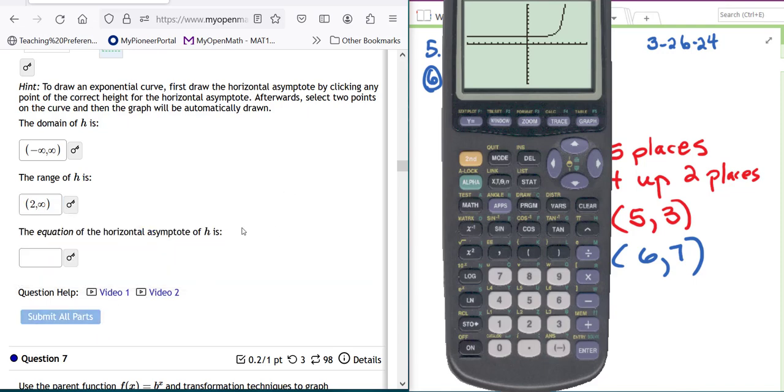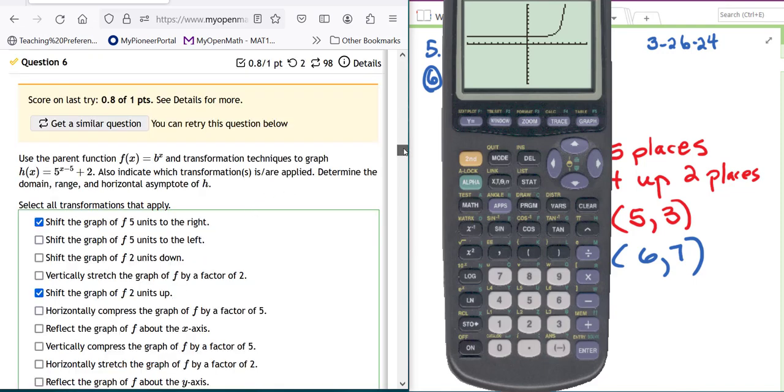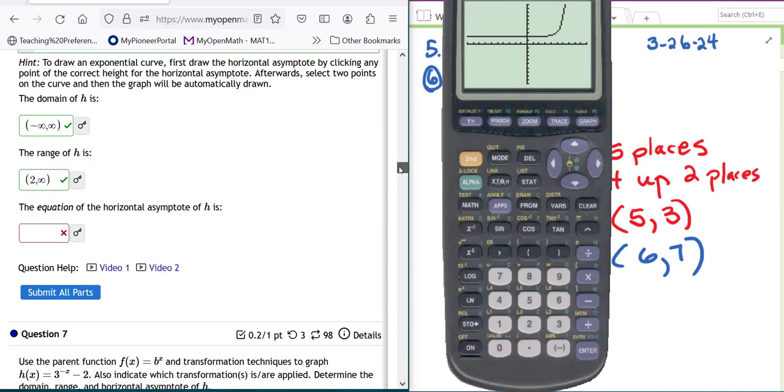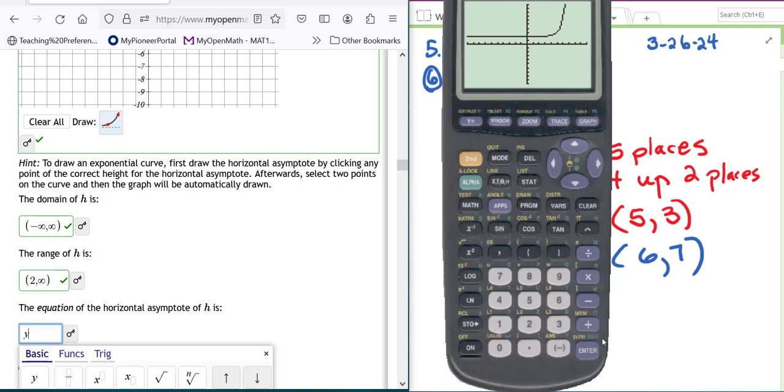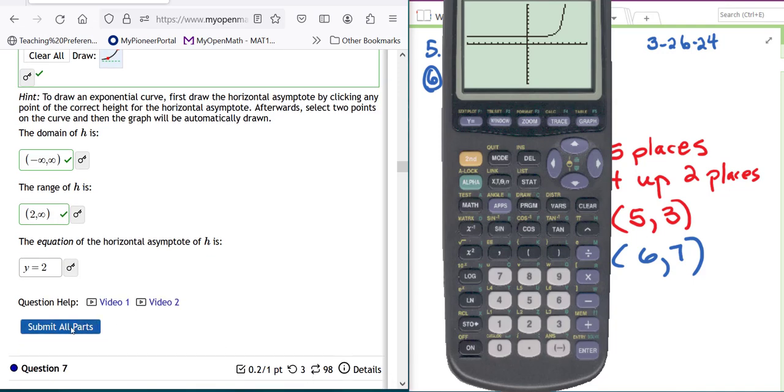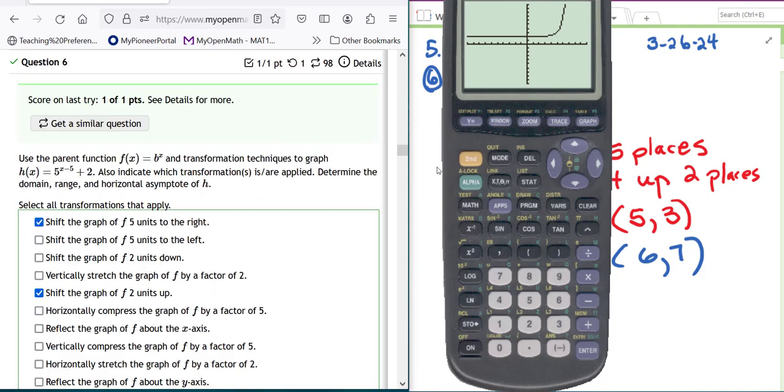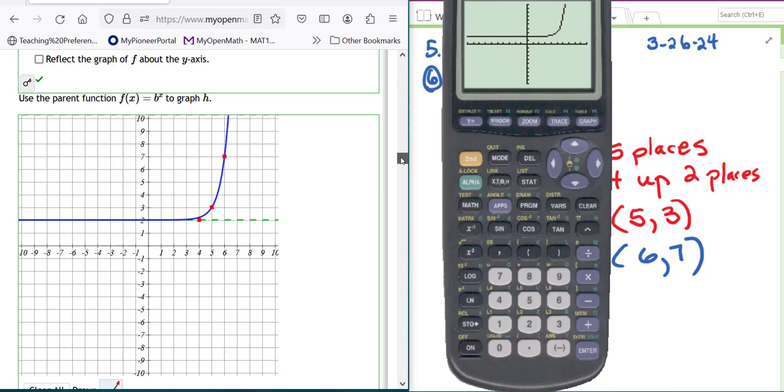All right, and now let's submit. Oh, I left off the last piece. It is y equals the equation of the asymptote. This is going to be our y equals 2. And you do have to write it as y equals. Mrs. H just wants to see all green at this point.